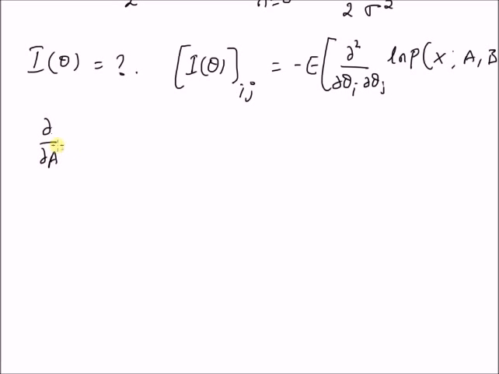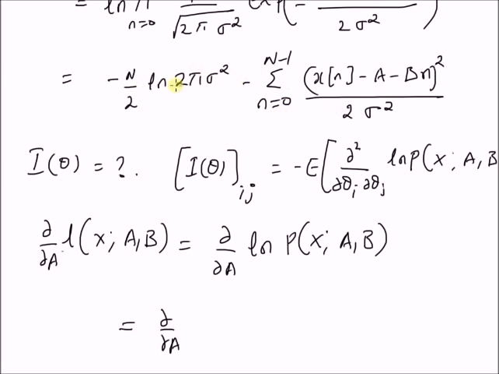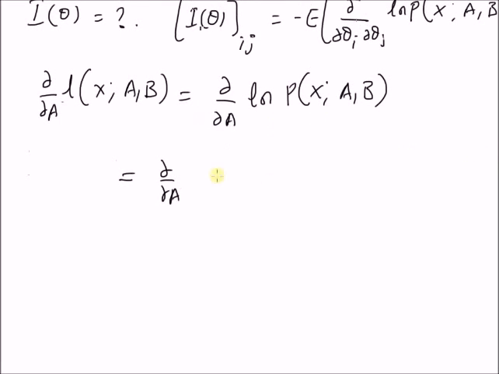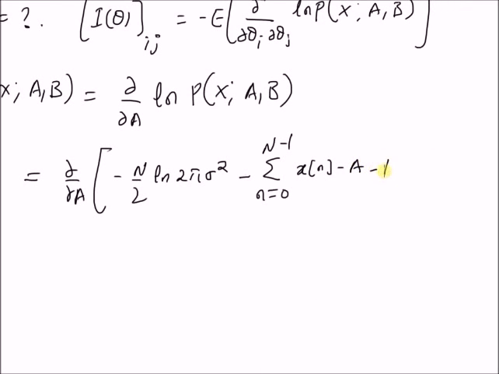That is, the derivative with respect to a of the log likelihood function, which is the derivative of the log likelihood function given here: minus N by 2 logarithm of 2 pi sigma squared minus summation n equal to 0 to N minus 1 of x of n minus a minus b times n whole squared divided by 2 times sigma squared.